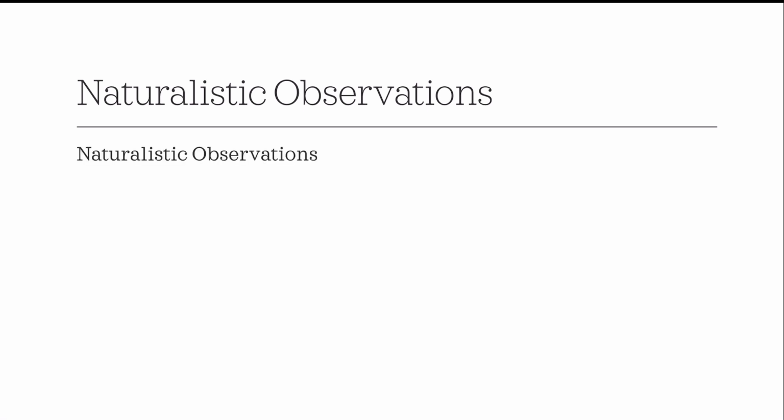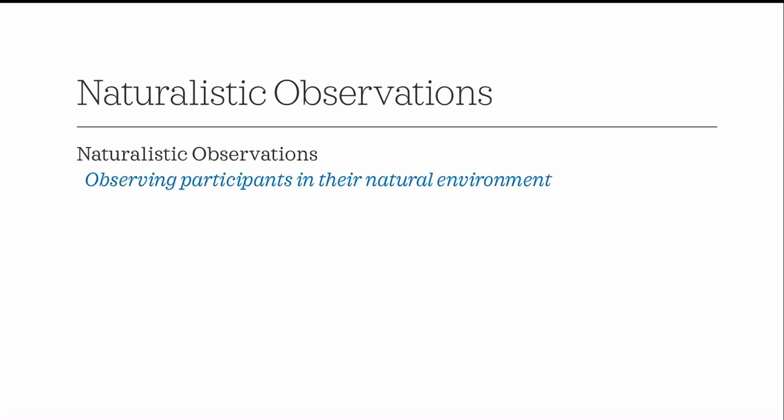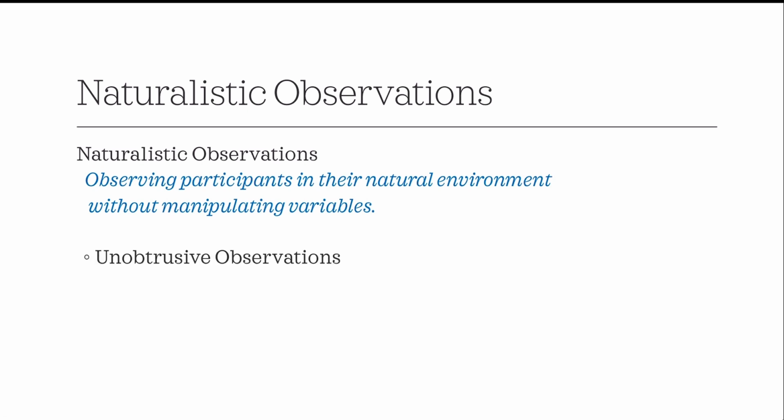Naturalistic observations are observing participants in their natural environment, and we don't manipulate any variables, which of course, because it's non-experimental research. Now, the most important part of naturalistic observations is that they are unobtrusive.